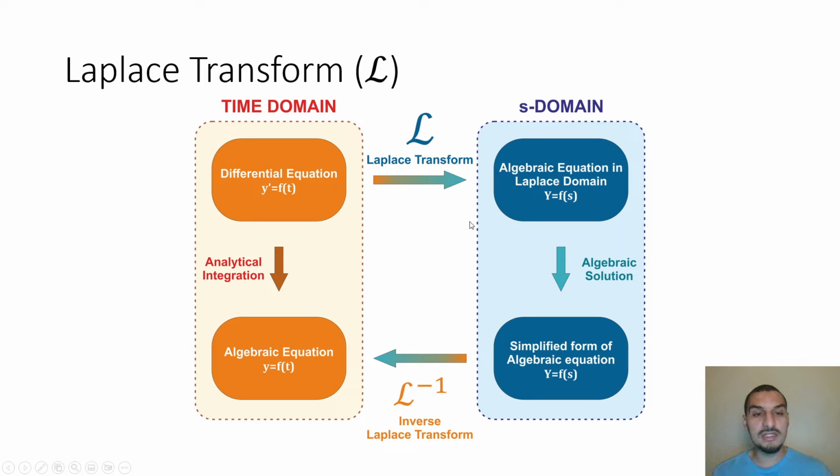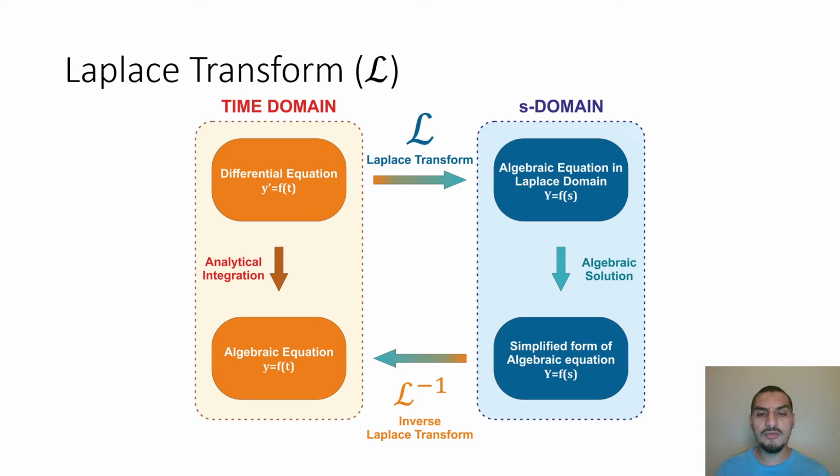The d by dt disappears and is transformed into algebraic form, and we get y as a function of s by simple algebraic methods. You add, subtract, get a common factor, divide, get a common denominator or whatever.